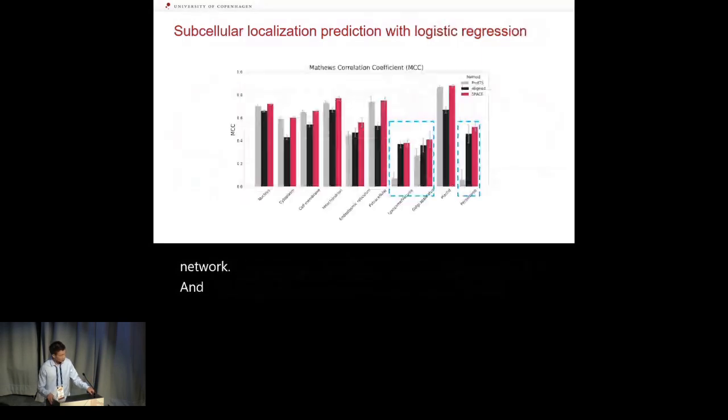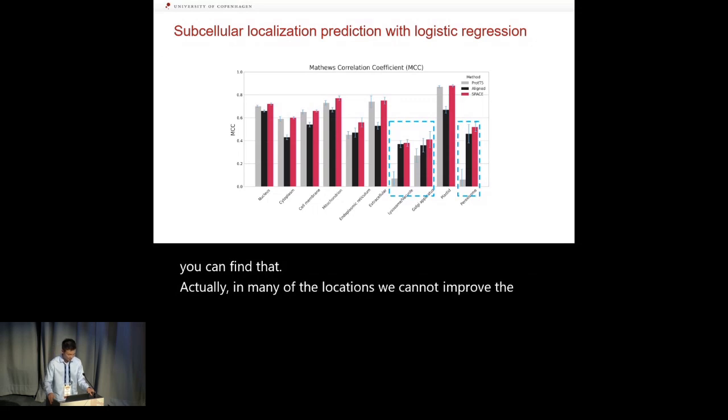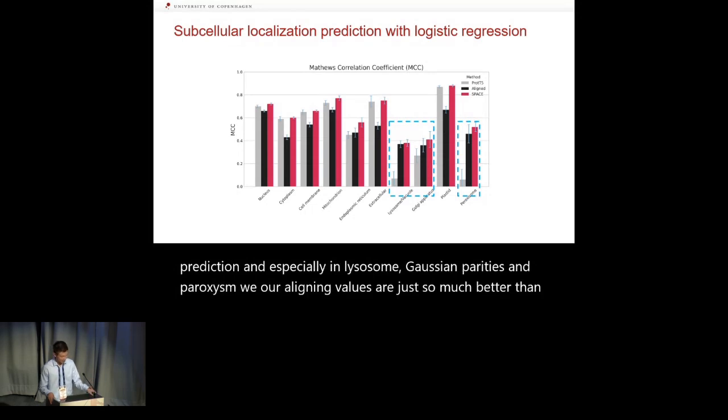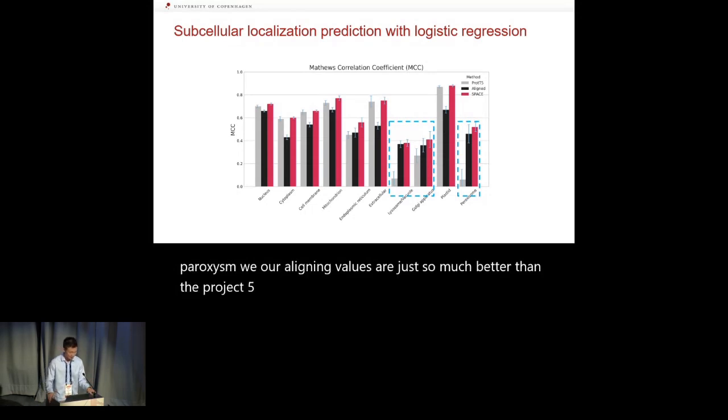And then if you check each of the localizations, you can find that in many of the localizations we cannot improve the prediction very much, but we always increase the prediction. And especially in lysosome, Golgi apparatus, and peroxisome, our aligned embeddings are so much better than the ProtT5 sequence embeddings. And of course, if you concatenate them together, you can get even better results.